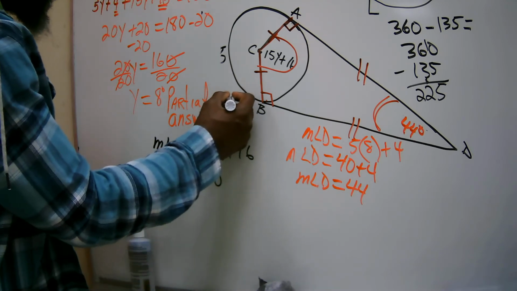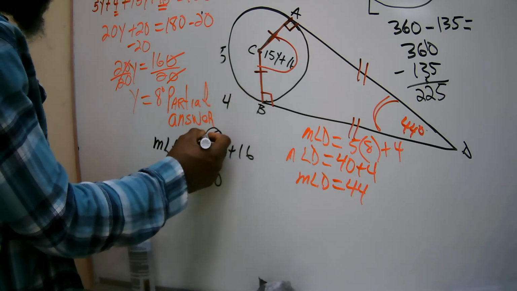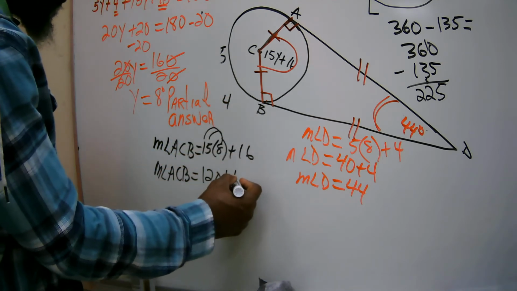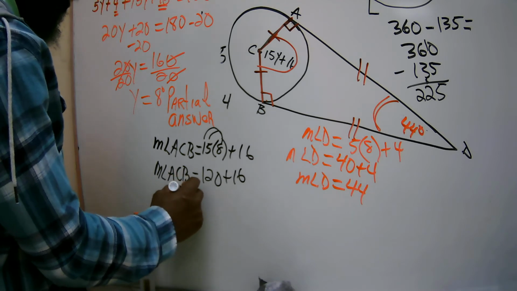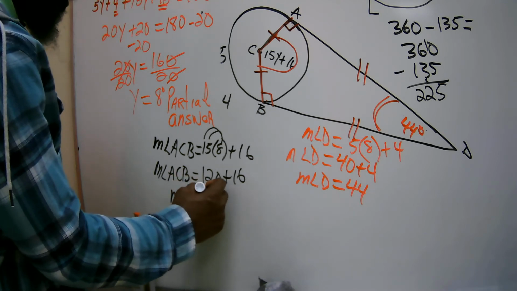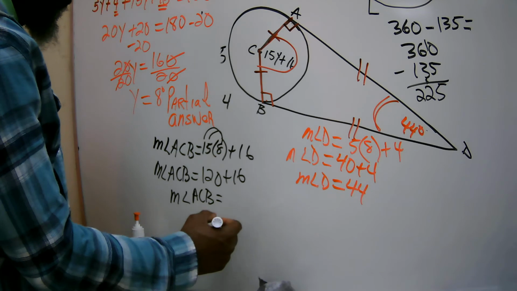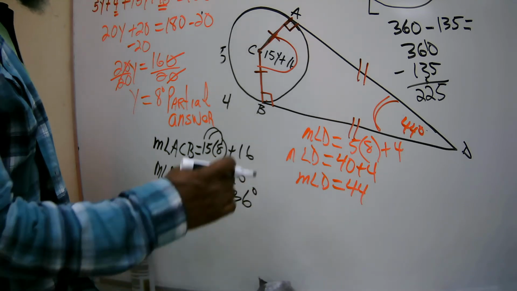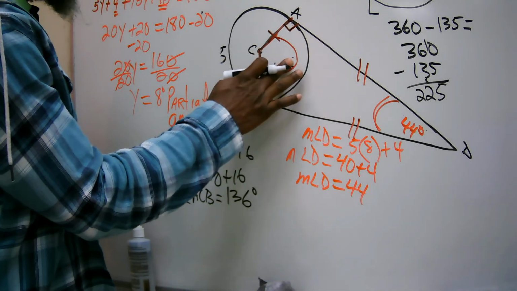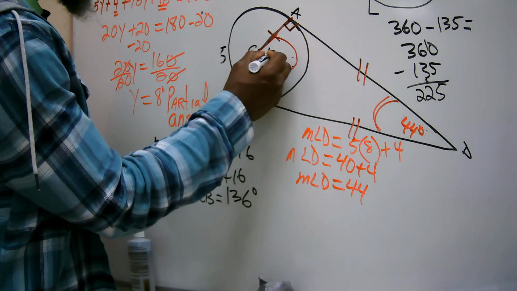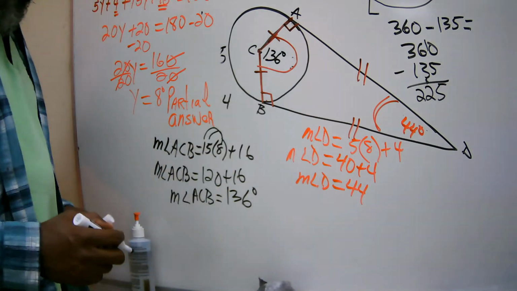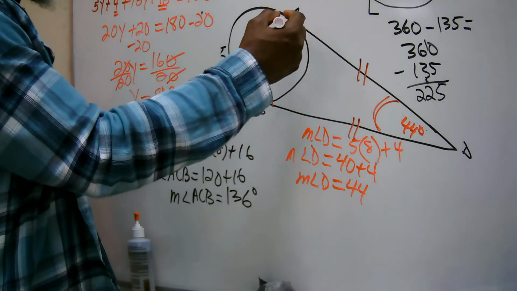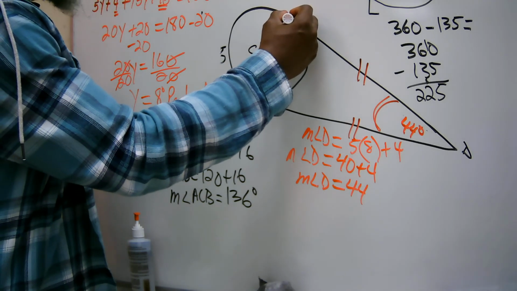You carry 4. 8 times 1 is 8. 8 plus 4 is 12. That is 120 plus 16. Then in this case, you will find the measure of ACB, which is the central angle, which is 136 degrees, which we predicted earlier. This angle will be 136 degrees.